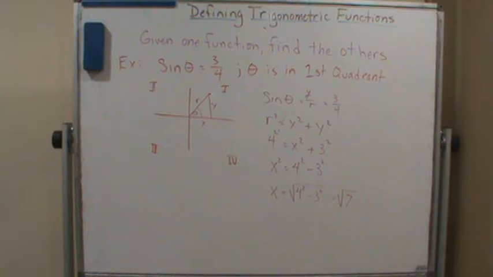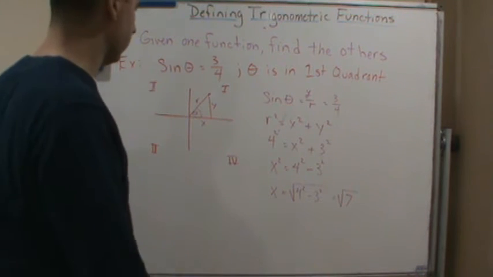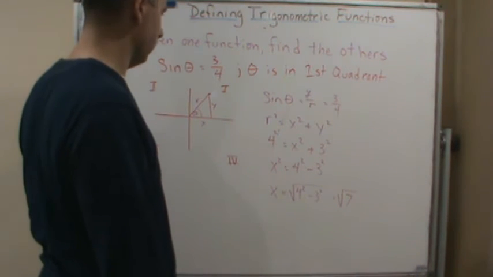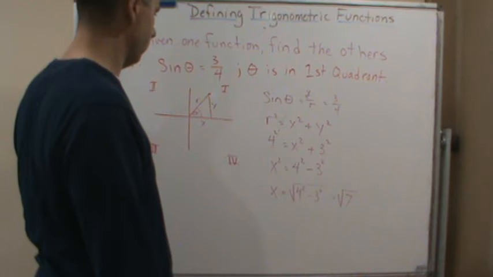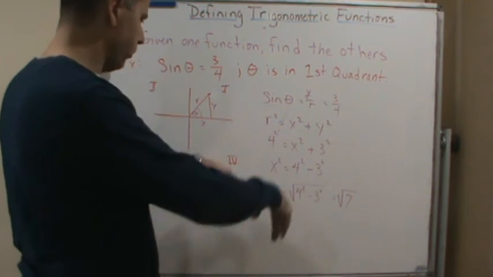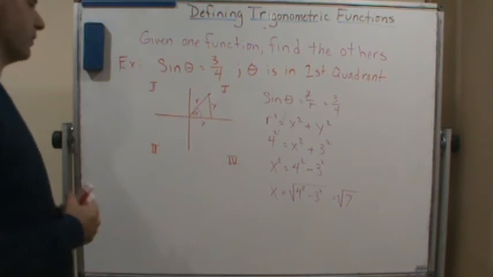Oh, hold on. I knew something didn't look right. Oh, you know what? We'll just keep with it. Okay, so this is the square root of 7.